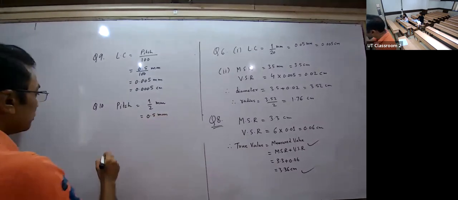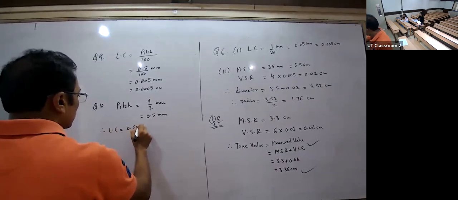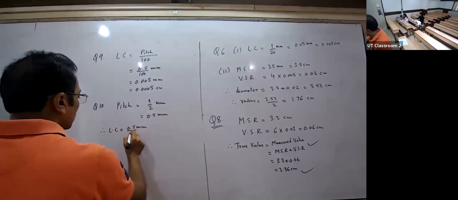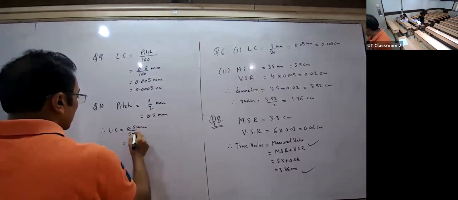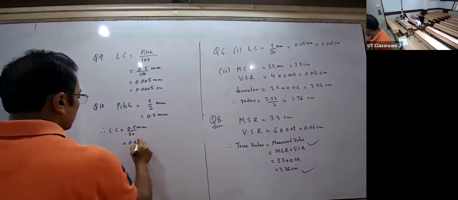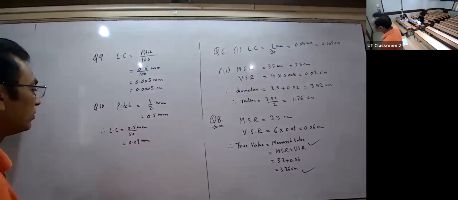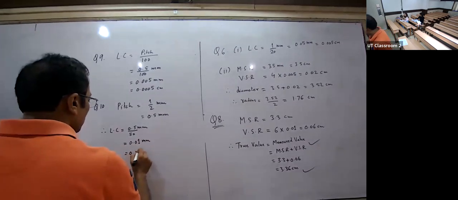And 50 divisions. So therefore LC is equal to, how much is this? 0.1 divided by 10, 0.01 millimeter, or 0.001 centimeter.